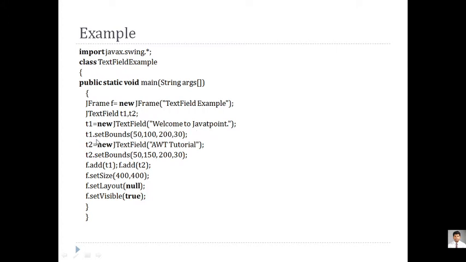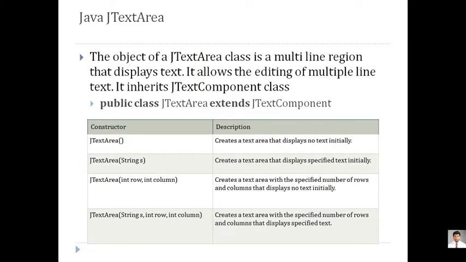I want to display it at a specific location, so t1.setBounds. Same way text box 2, and it will be set at a specific location. Now my regular duty, that is I want to add all these components, t1 and t2, on a frame. So frame.add, then I am setting the size of a frame, setting a layout, and setting it visible. Everything will be there, and you will find that two text fields will be displayed on a screen.